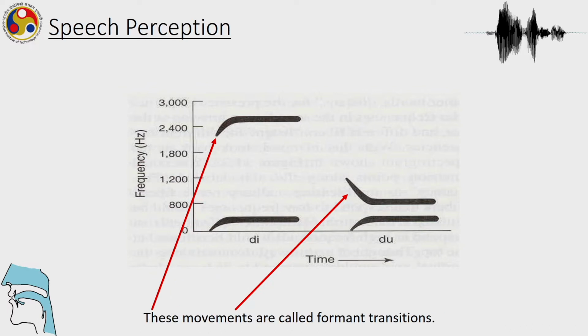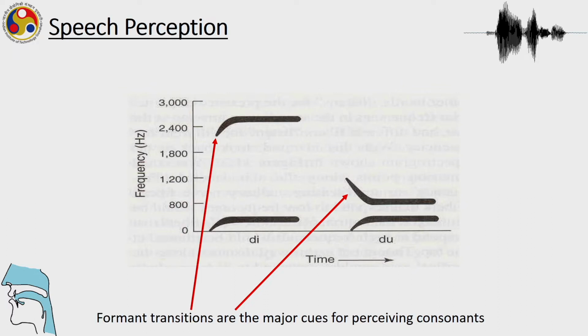And again here, for do, they are quite different. These movements are called formant transitions, which you already know from our acoustic analysis lecture, and formant transitions are the major cues for perceiving consonants, and we will have a look at that again.